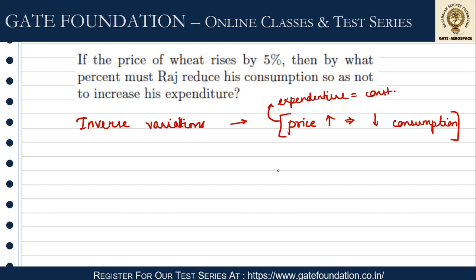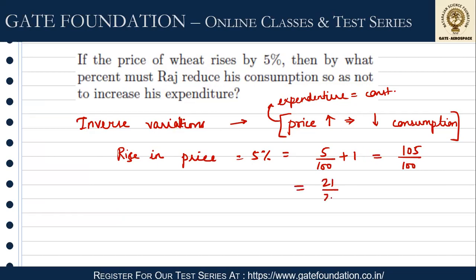Now over here, the rise in price is 5%. So 5 out of 100 is increased, which basically means it is now 105 by 100. Or I can simply cut it by 5 and get 21 by 20.